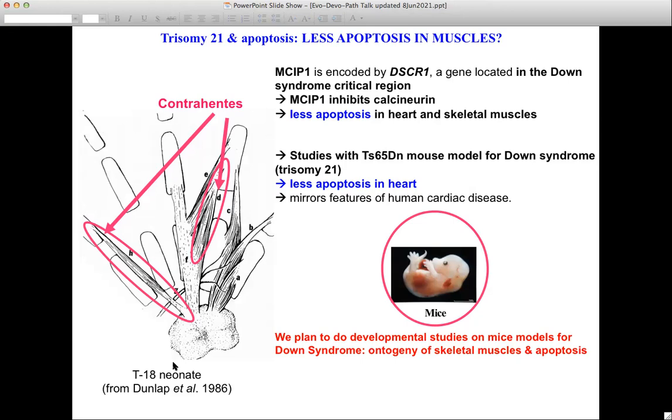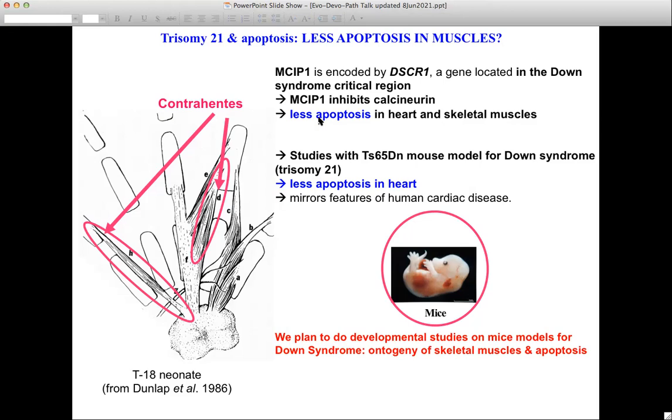And it seems to be happening that people with Down syndrome will have these muscles 30%, 40% more often than people without trisomies, not always, because there seems to be a gene located in Down syndrome, in mitochondrial models and in humans also, that is related to having less apoptosis.